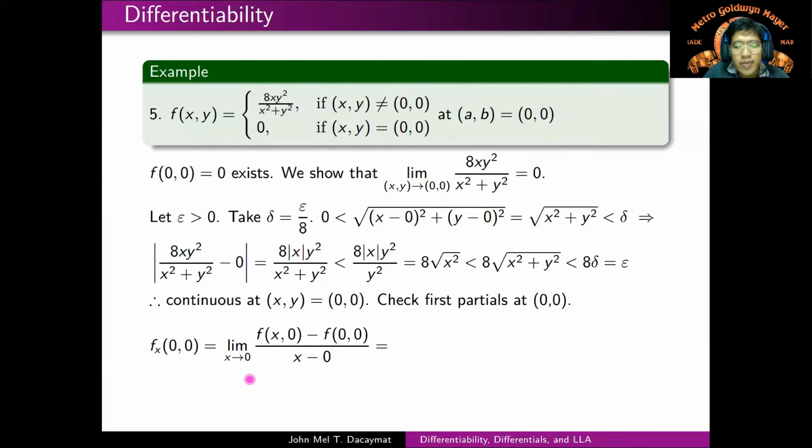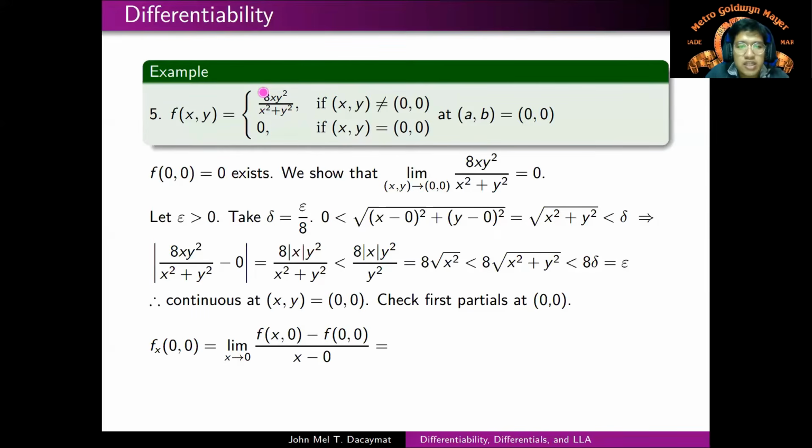For f of x, 0, I'll use the definition in my piecewise function, the one on top, because again, x just goes to 0, so x, 0 is not necessarily 0, 0.